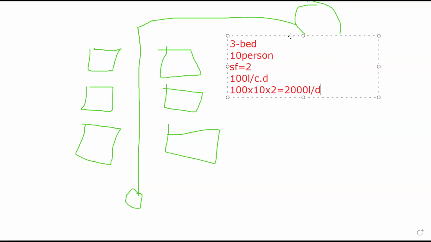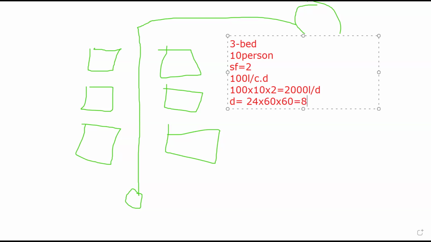Then if you want to convert this to liters per second, because that is what we need for our pipe sizing, we remember that 1 day is the same thing as 24 hours, 60 minutes, 60 seconds, which will give you 8,400 seconds.